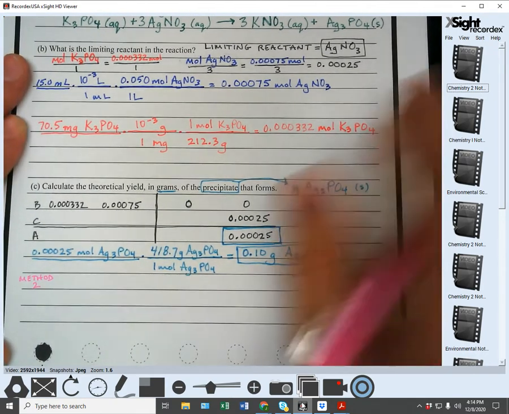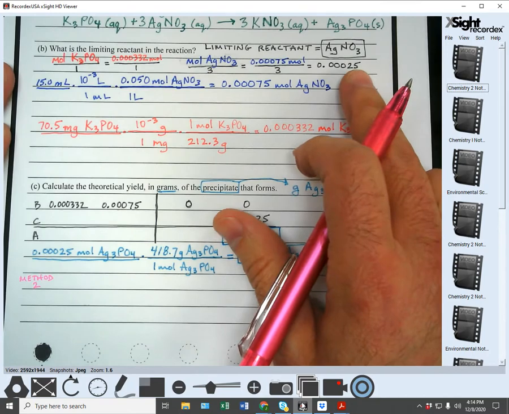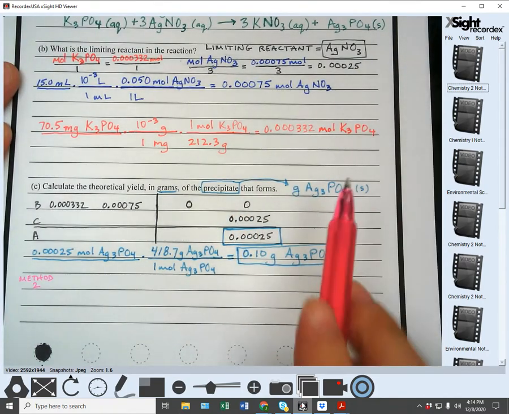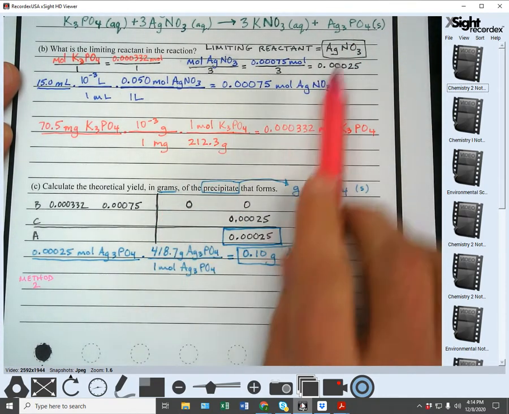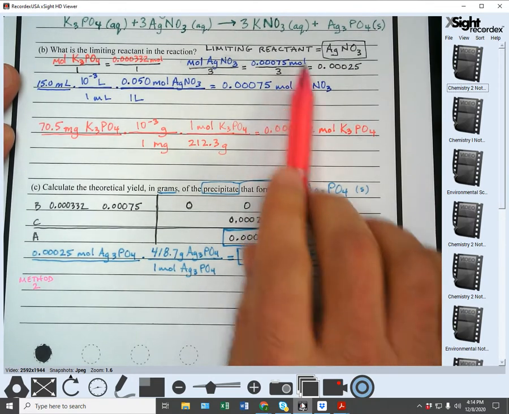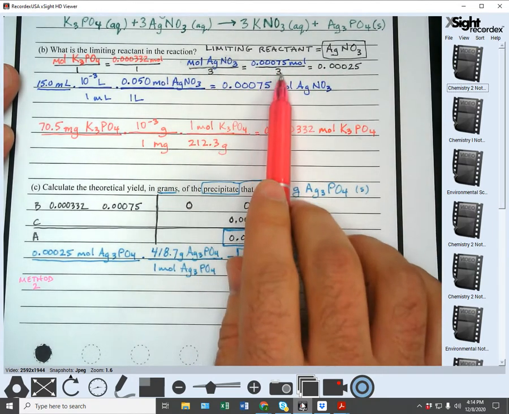That means the amount of limiting reactant we have determines everything else for our equation. So we start with the moles of AgNO3. Now, remember, we want to start with the moles of AgNO3 that we have at the beginning, not the one that we use to find the limiting reactant after we divide by the coefficient.